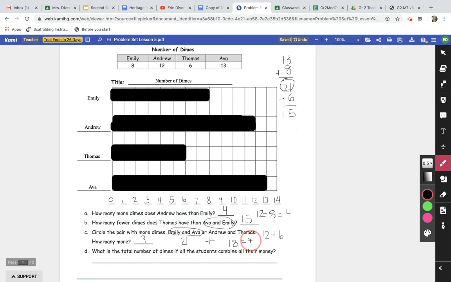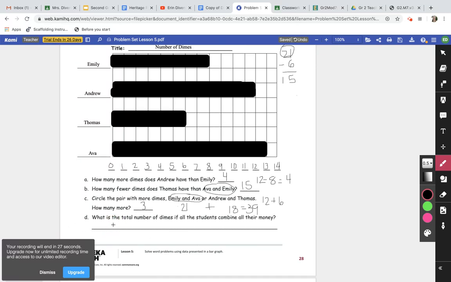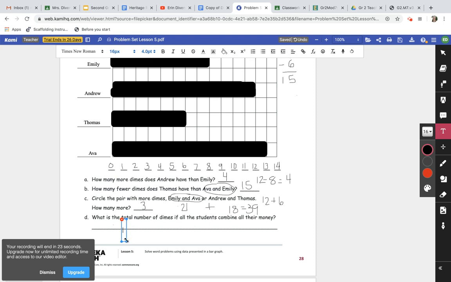You guys can use vertical method or whatever strategy works for you, but 21 plus 18 is going to give me 39. So if I wanted to write my sentence there, I could say the total number of dimes is 39 dimes.